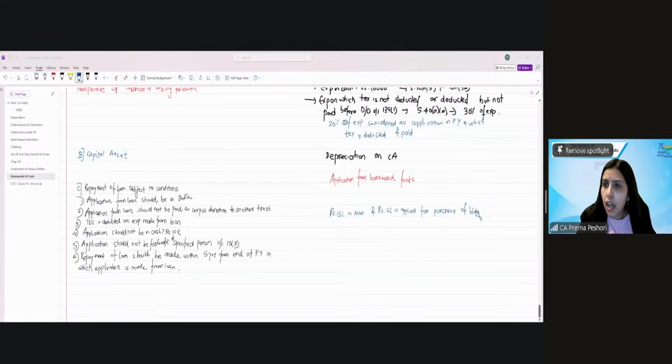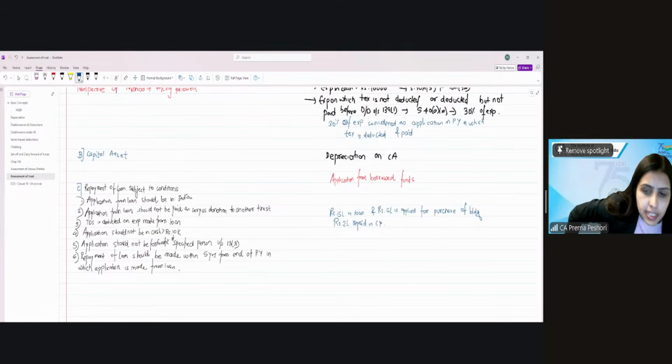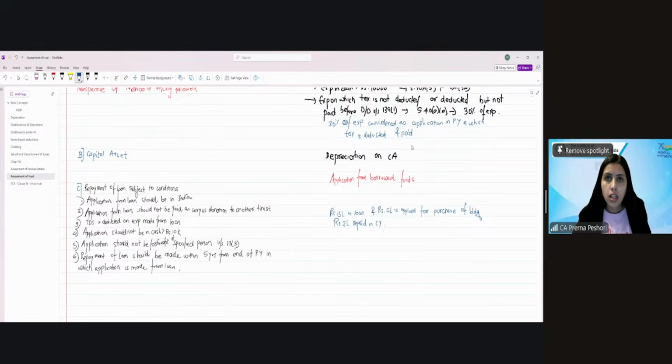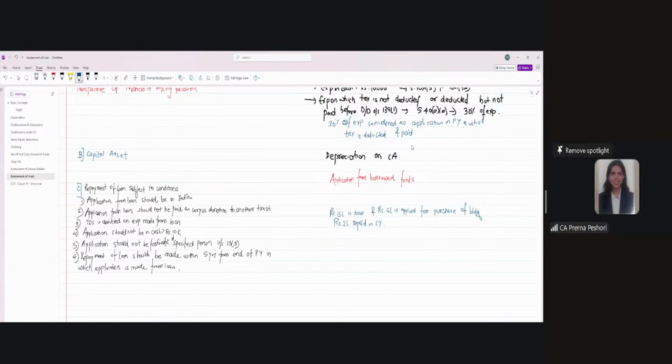And I have repaid in the current year 2 lakh rupees. So in that particular case, how much will be considered as application? 2 lakhs, right?